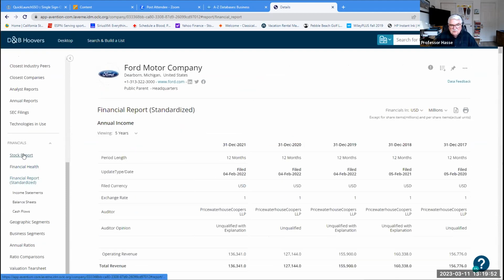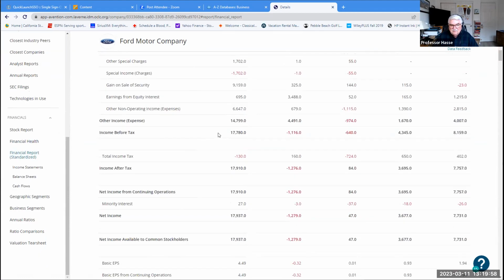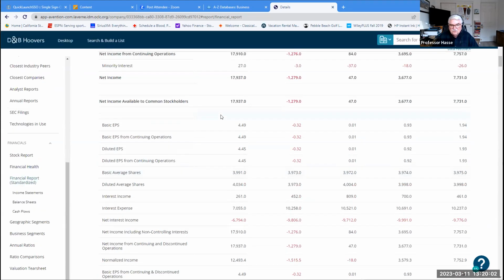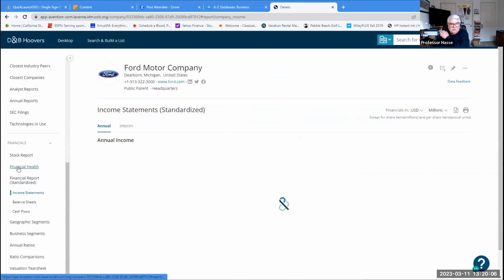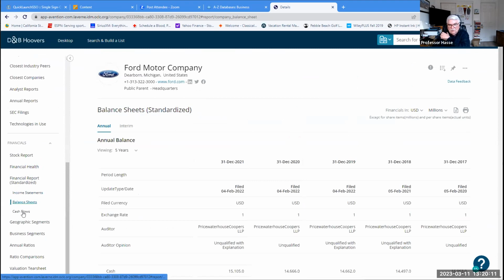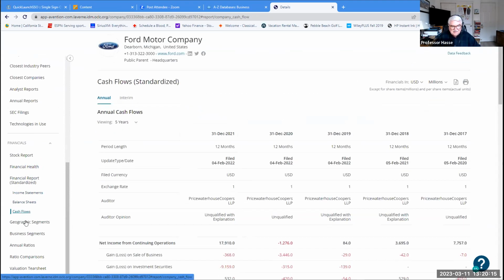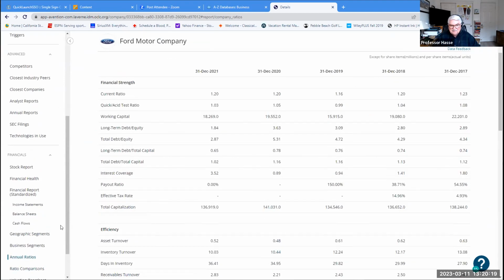A financial report, a summary of their key revenues, expenses, profits, taxes, earnings per share, huge data. Their specific individual income statements, balance sheets, cash flows going back 5 years. Additional ratios on an annual basis, another place to get this.